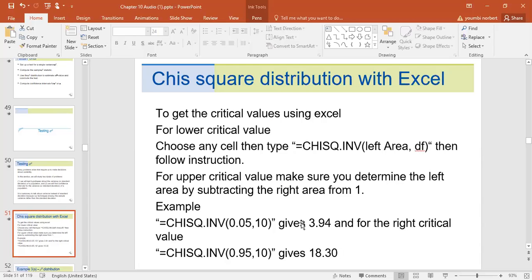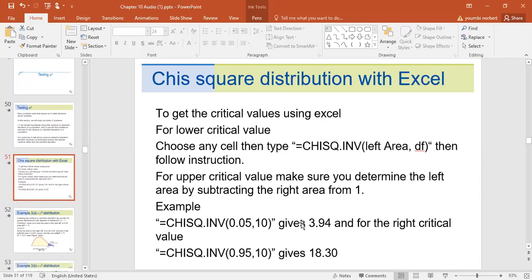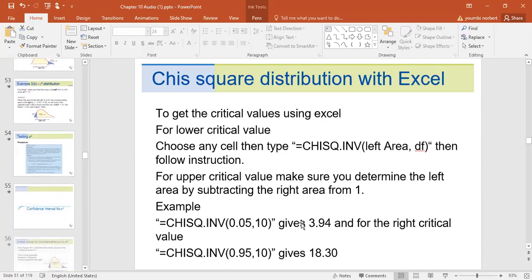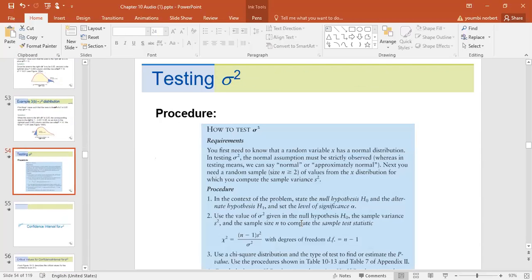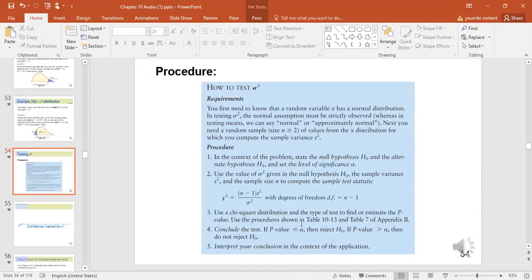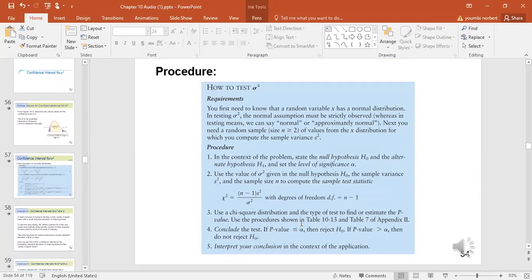Because the test for the chi-square is generally right. What I'm saying is this. I don't want us to waste so much time on this. You can always come back to the PowerPoint if you want to learn about it.